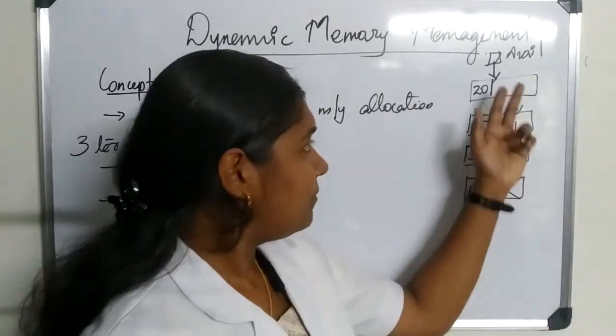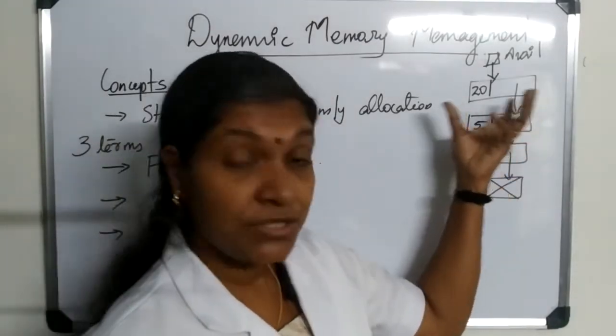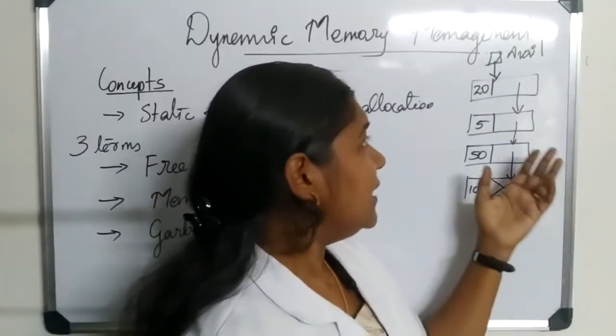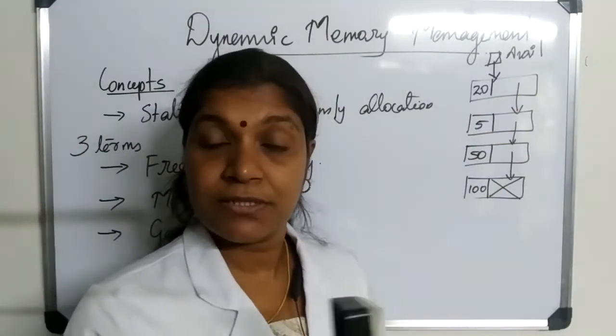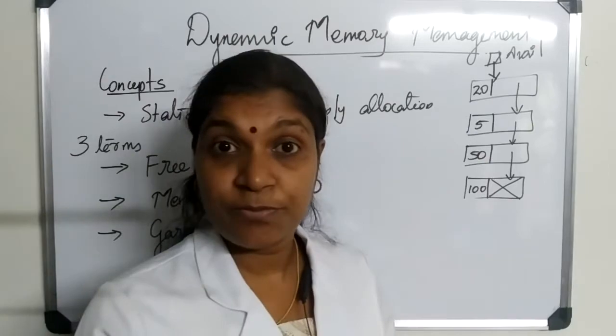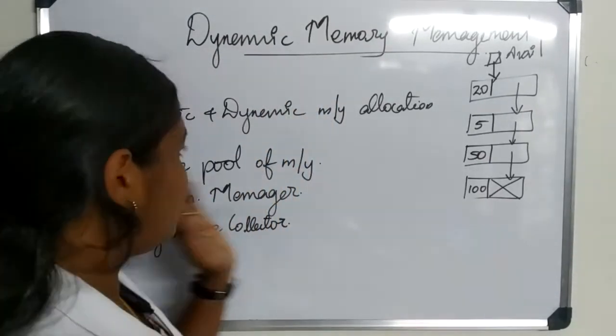But here they are arranged as different sizes, and normally it is stored in sorted order. If it is kept in sorted order, then it is very easy to perform allocation and deallocation of memory. So that is the concept of free pool of memory.